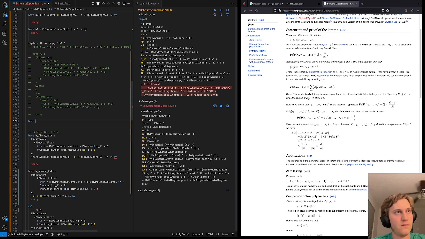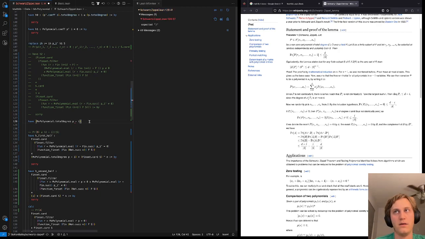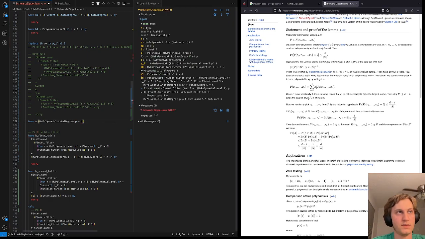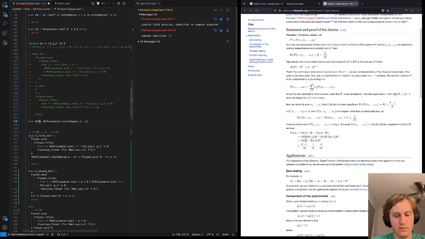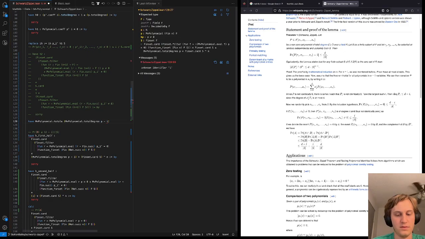We have that this is greater than or equal to the total degree of P sub i prime.